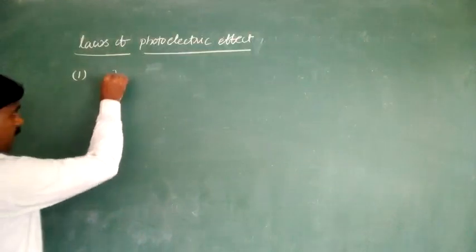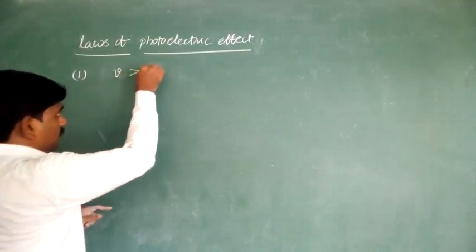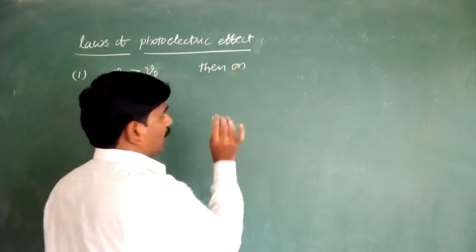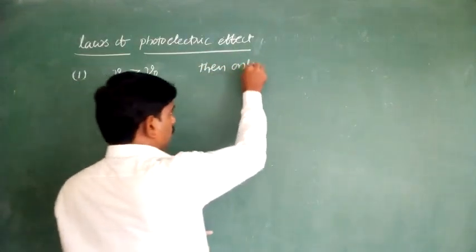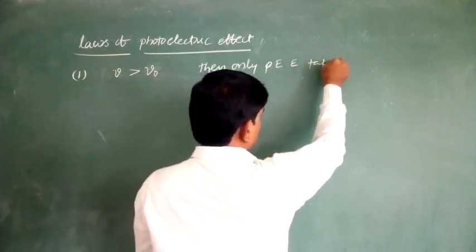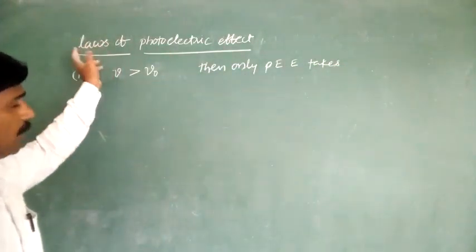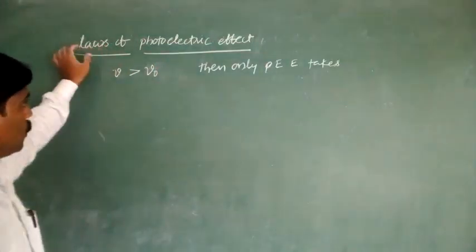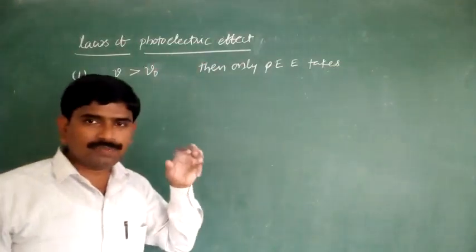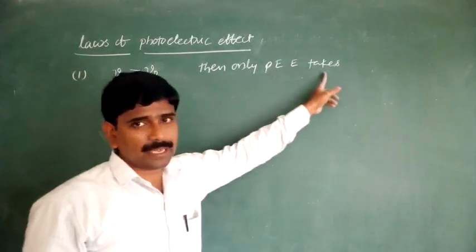From those observations, we form the laws. First law: if the frequency of the incident radiation is more than the threshold frequency, then only photoelectric emission takes place.